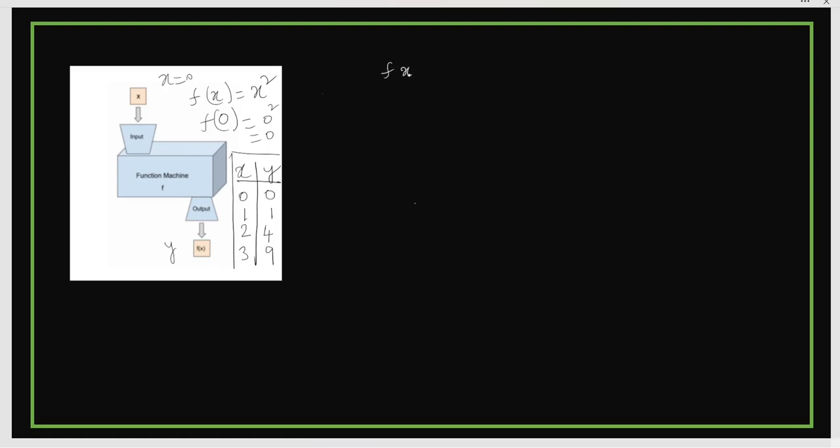So f(x) equals x squared. For this function, the domain of f is all these x values. The range of f is all these y values. And the codomain is all the elements in the second set.